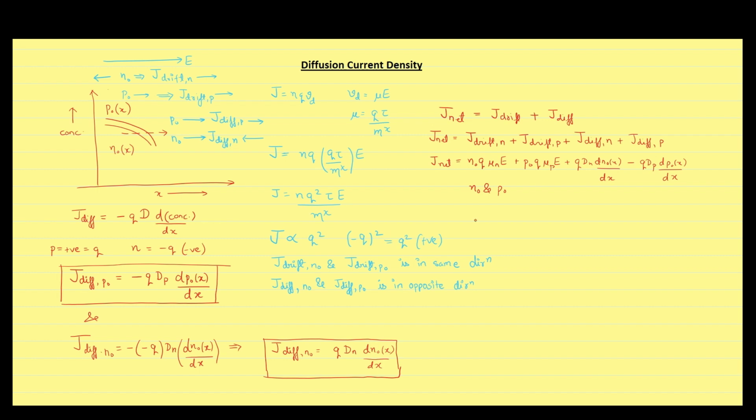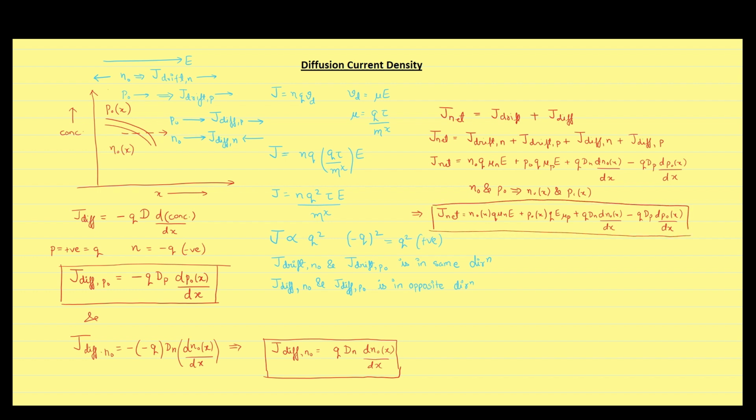So we will have to modify it a little bit such that the equation will become this, the final equation.